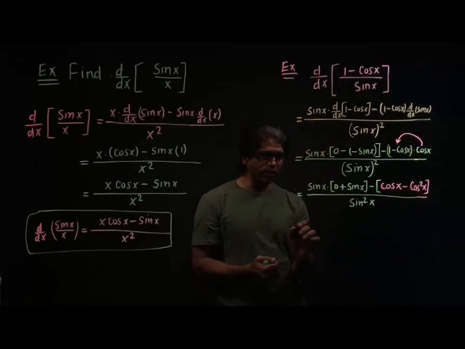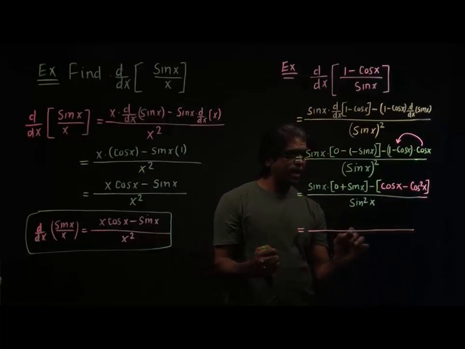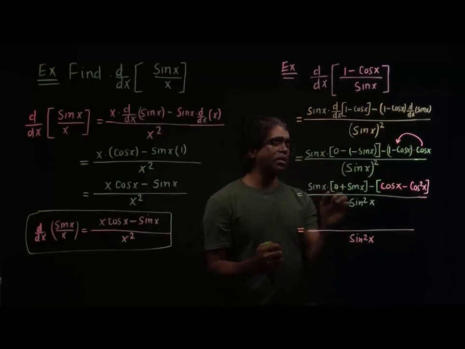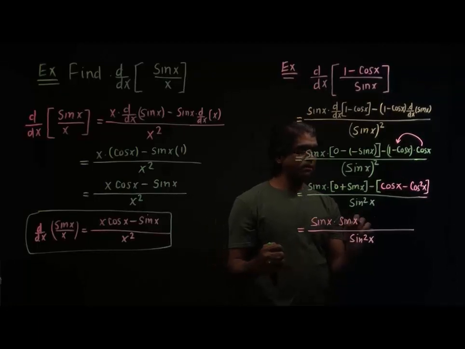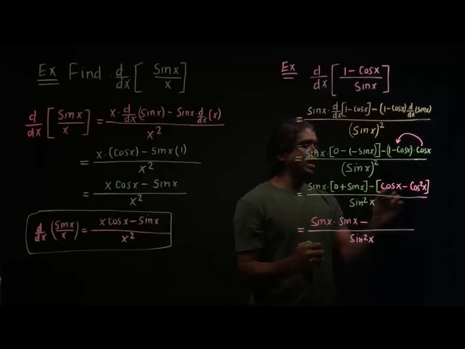Now let's simplify further. I will write sine squared x as my denominator, and at the numerator I have 0 plus sine x, which is sine x, so sine x times sine x, minus, and then I have cosine x minus cosine squared x inside the bracket.